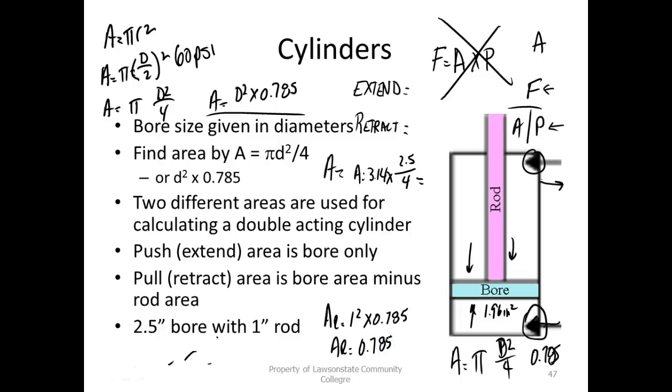So my retract area is going to be equal to what? Well, no, we've got to take 1.96 minus 0.785, right? Okay, so we're going to retract at 1.18 square inches.